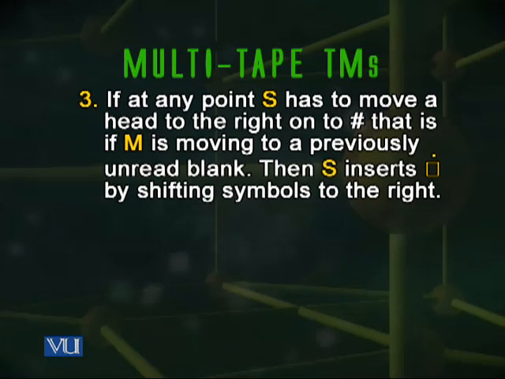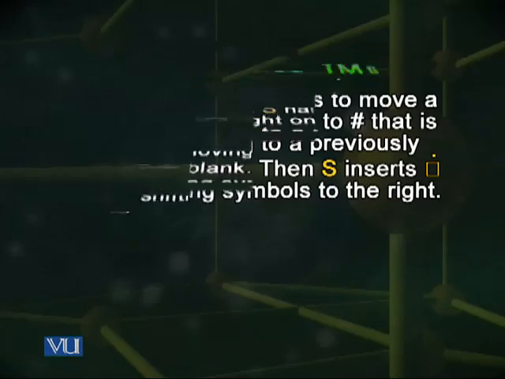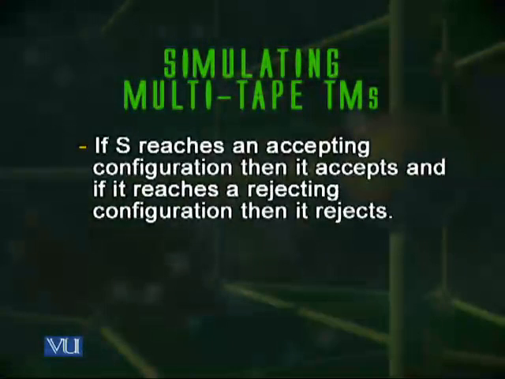Now, S continues doing this. What S does is it scans its tape every time to find out what symbols are being read by the Turing machine M currently, and then in the next pass it makes the changes that M would have made. It continues doing this, and if M ever reaches an accept state, S is going to accept.